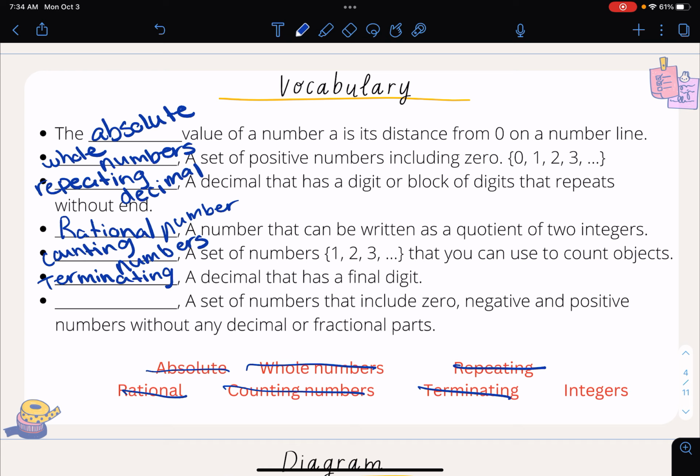And that is integers. So integers are positive and negative numbers. Okay, and then also it includes 0, but they have to be whole numbers. So essentially integers are whole numbers and their opposites. Okay, it cannot have fractions or decimals.